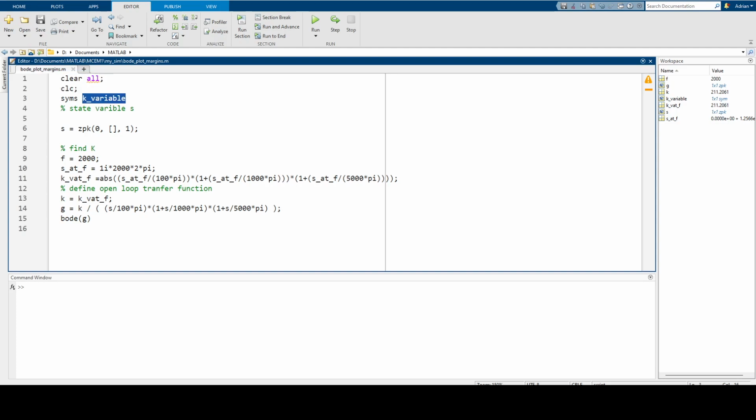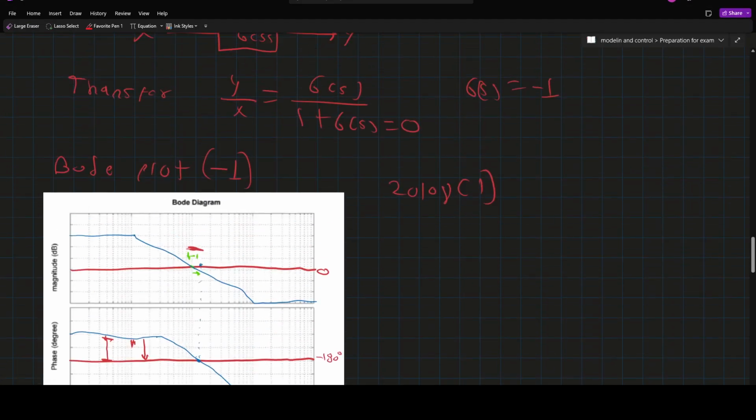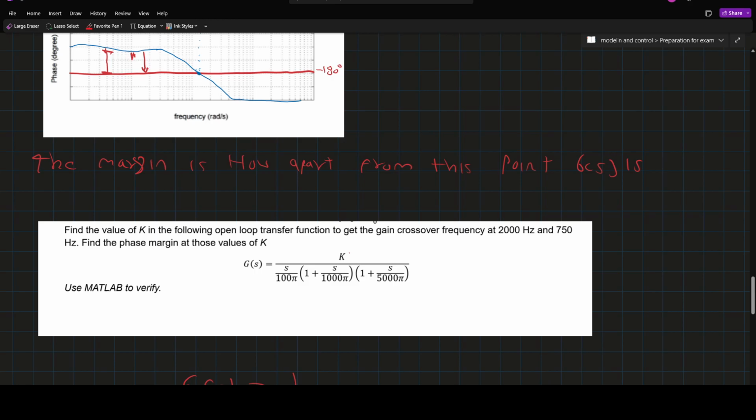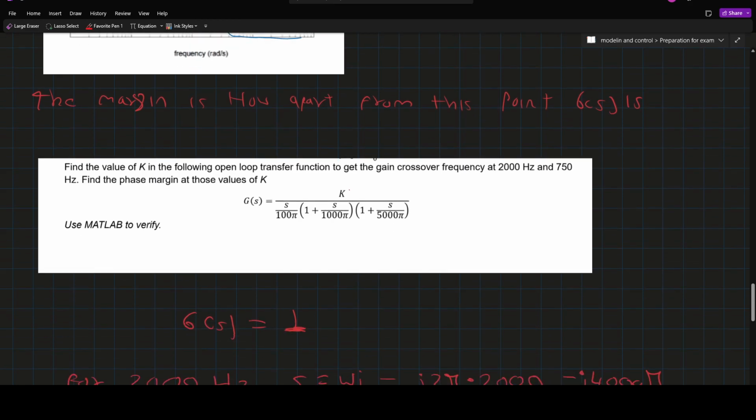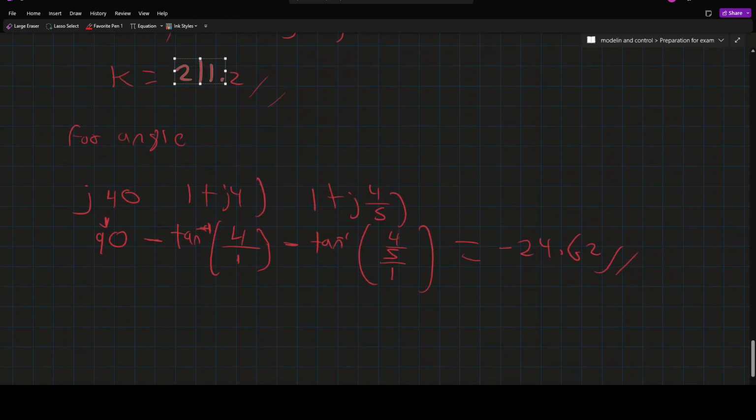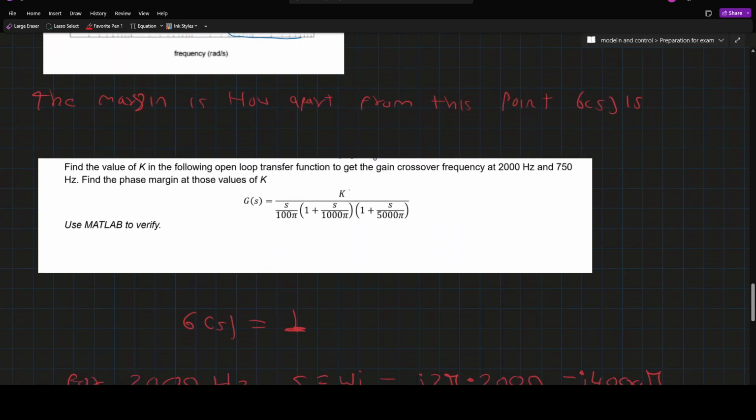I'm creating a variable that I'm calling k variable. This is because they're asking us for two examples, one for 2000 and one for 750. I did all the manual calculations with one just to show it, but the next one we can just do by using MATLAB.